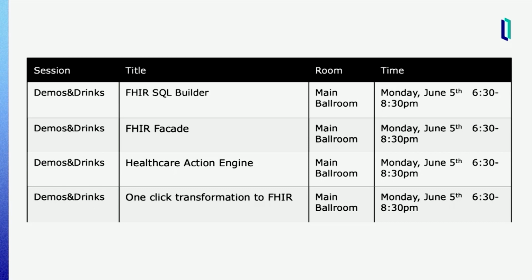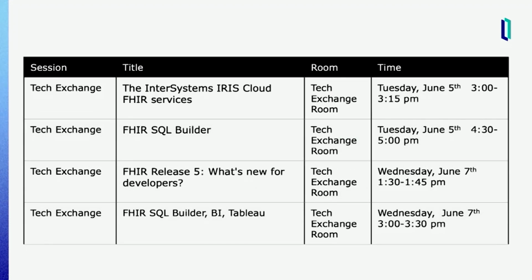There's also several of these use cases in the demos and drinks, a new format for Global Summit. Not that there were never any drinks, but we didn't have the demos at the same time. These are sessions in the Tech Exchange related to FHIR, the FHIR SQL Builder, which is an awesome creation of Pat Jamison's.